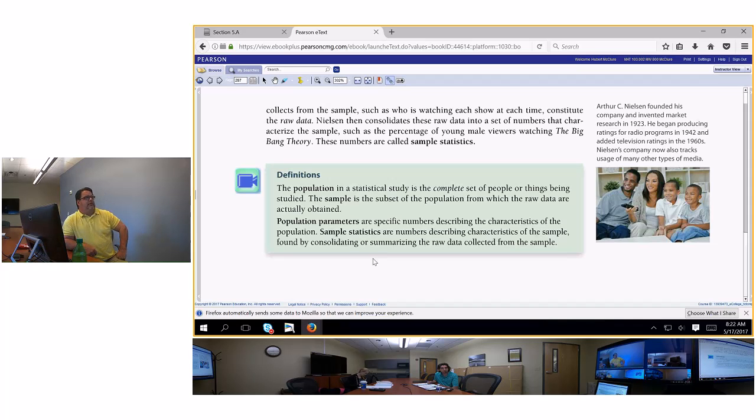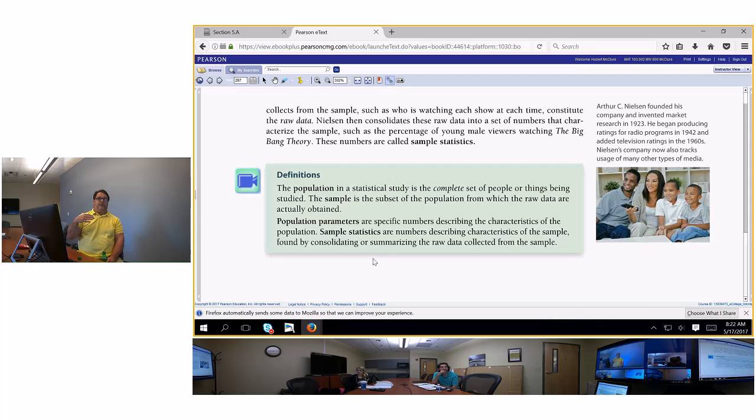The sample is always your smaller version of the population. If I wanted to do a survey on how many people were in the Marlboro Club, then I would take a sample of the Anderson campus and use that data to predict the whole campus in general.